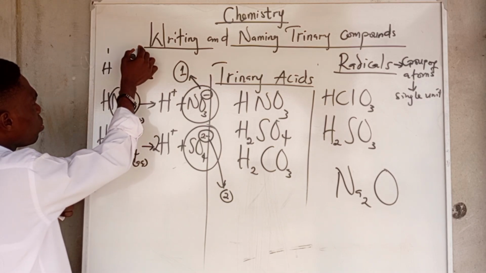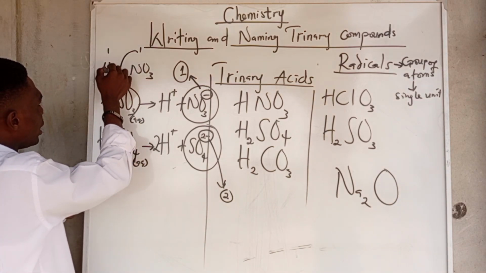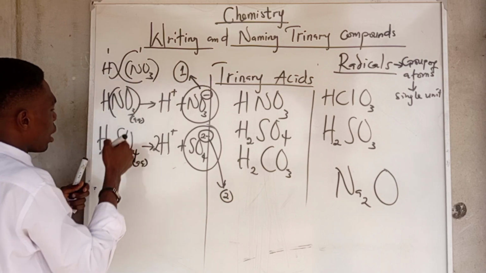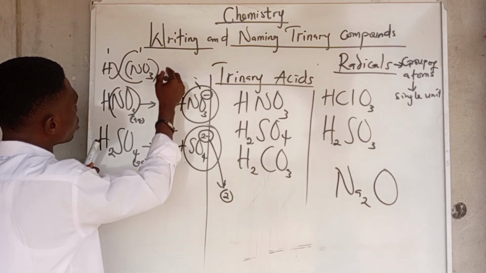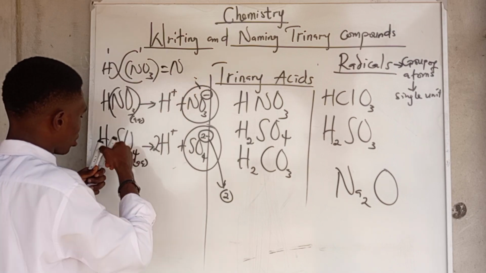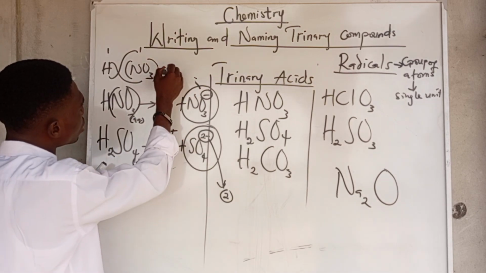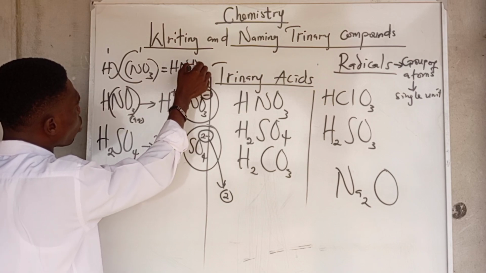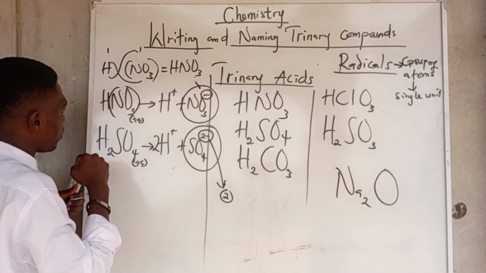I will put 1 on top. This one will be 1 now, so we interchange them, and that will end up giving us HNO3. Are we together now? Because the valencies are 1 and 1 respectively.